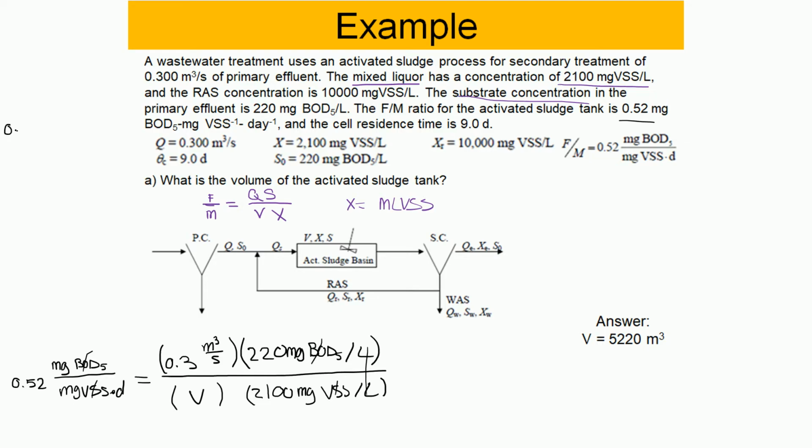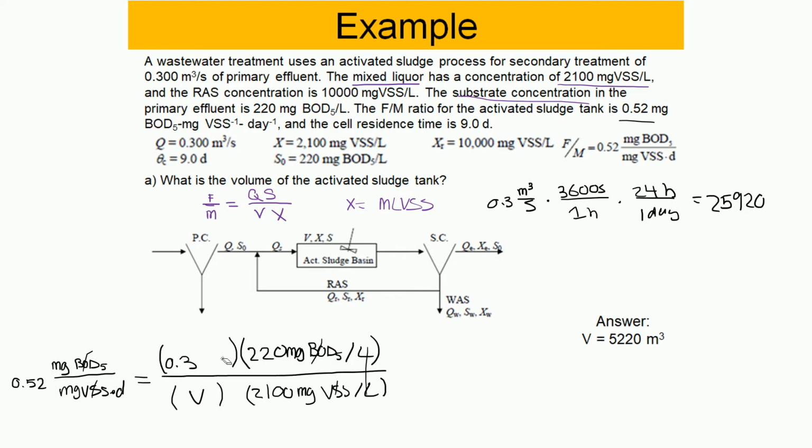So 0.3 cubic meters per second, we have to multiply that by, let's do it over here to get more space, 3,600 seconds in 1 hour, and we know that there are 24 hours in 1 day. If we put that on the calculator, we get 25,920.